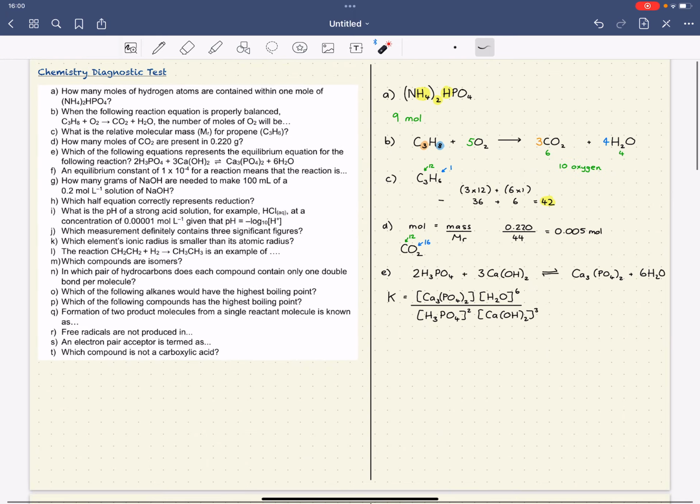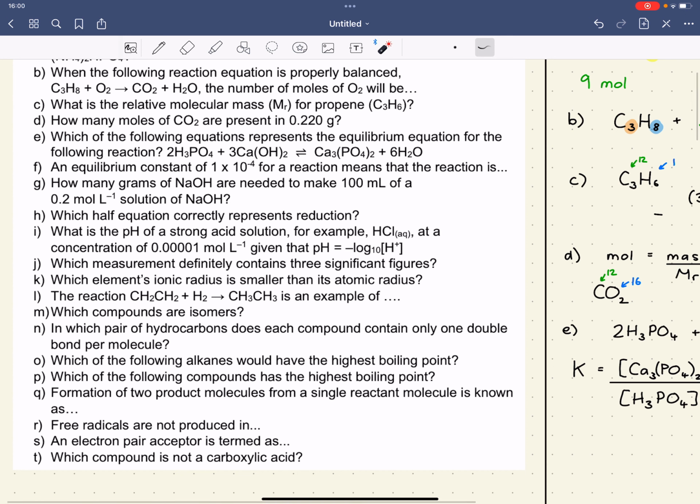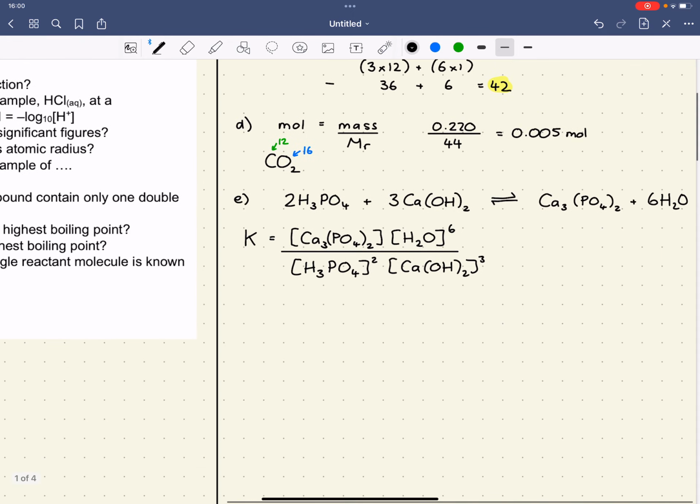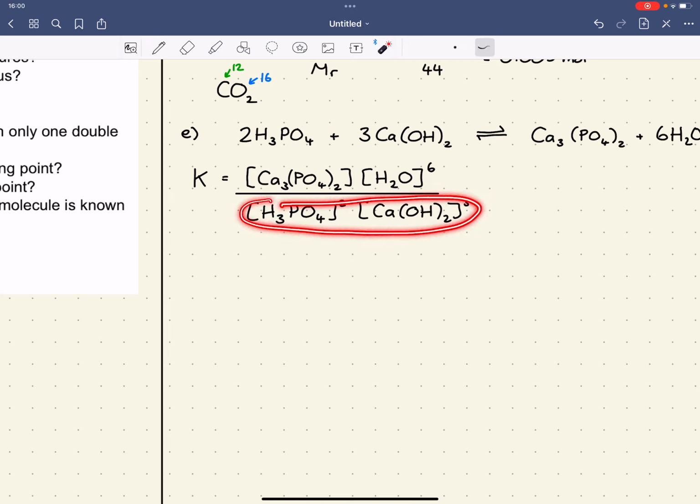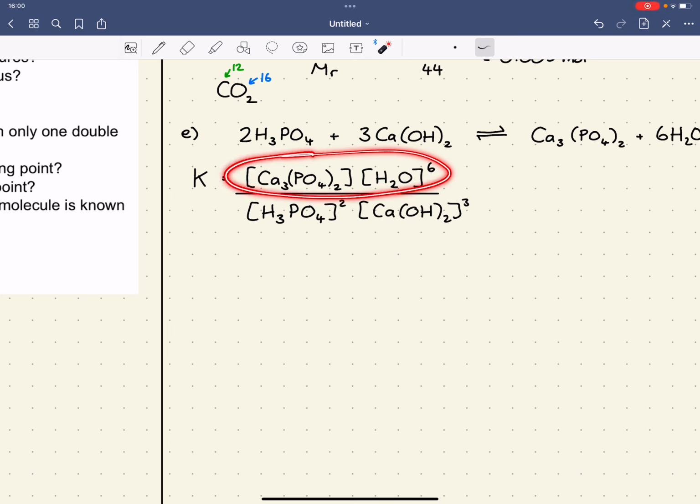Question 6, or part F, an equilibrium constant of 1 times 10 to the minus 4 for the reaction means the reaction is what? Well, if you've got an equilibrium constant which is low, less than 1, it indicates that you've got a bigger number here compared to here. So equilibrium constants which are quite low have basically got higher concentrations of reactants.